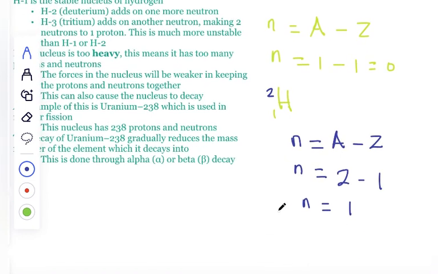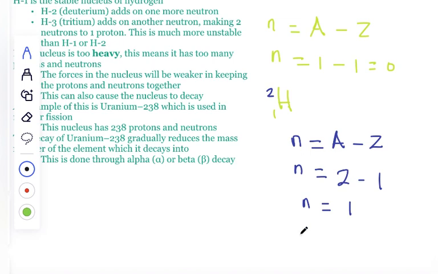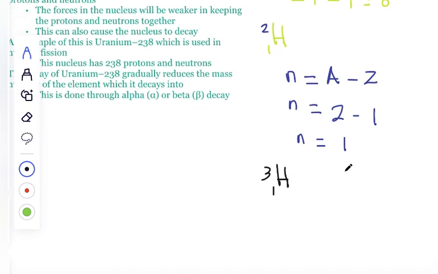Now this is tritium, the third isotope of hydrogen. This is the isotopic nature. To find the number of protons, we know proton is 1, and proton equals electron, both equal to 1.